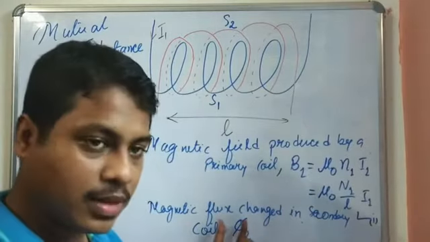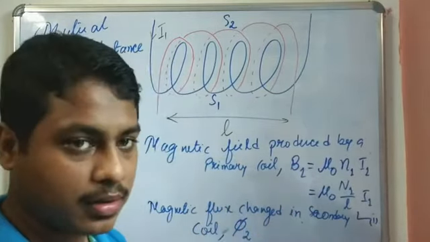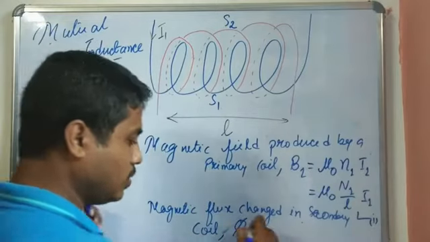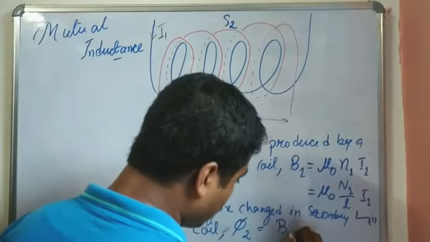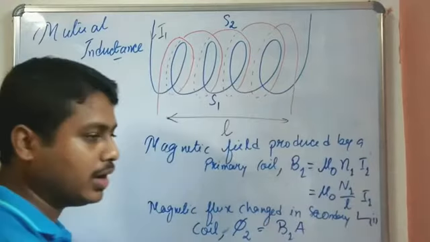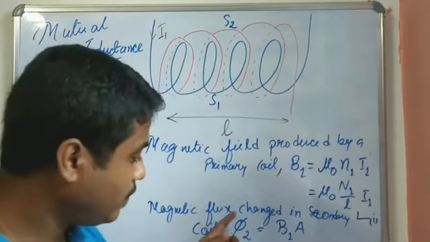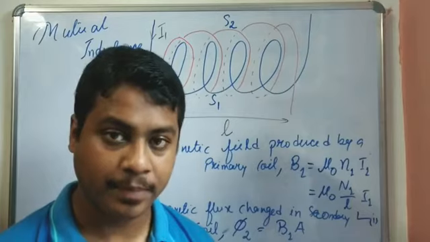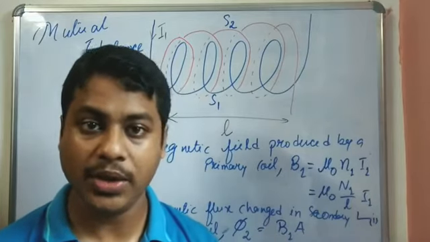Phi 2, the magnetic flux of the second coil, equals the magnetic field of the first coil into the area of the coil. This is the formula for magnetic flux. Phi is equal to B into A.